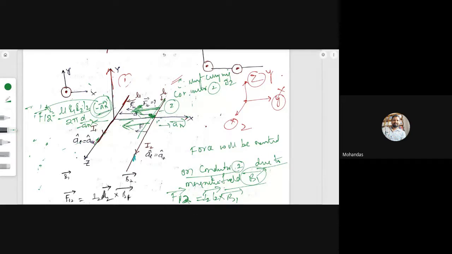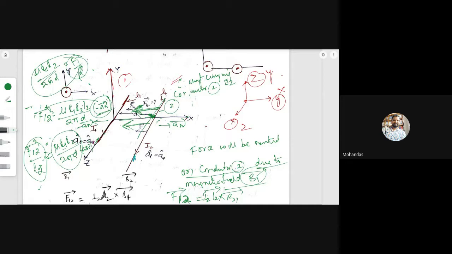What do you mean by force per unit length? F12 by L2, that is force per length, equals mu into I1 I2 by 2 pi d in the direction of minus AX. If they want to calculate the magnitude, then you have to calculate mu into I1 I2 by 2 pi d. In some questions, they want the force magnitude, force per length, mu I1 I2 by 2 pi d.